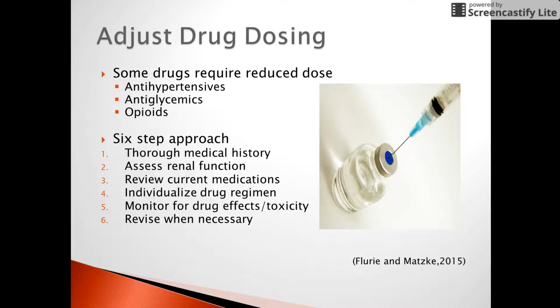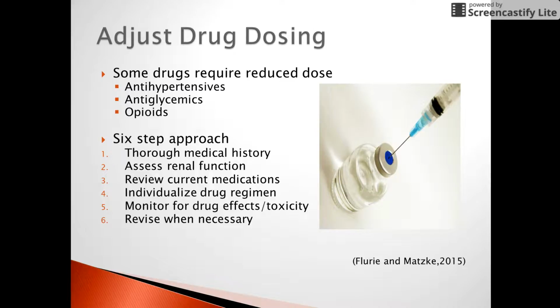Drug dosing can be complicated in elderly patients who also have renal failure, as many drugs are excreted by the kidneys. Many drugs should be used cautiously or not at all due to increased risk of drug toxicity. Specifically, antihypertensives, antiglycemics, and opioids need to be reduced to compensate for poor renal excretion.